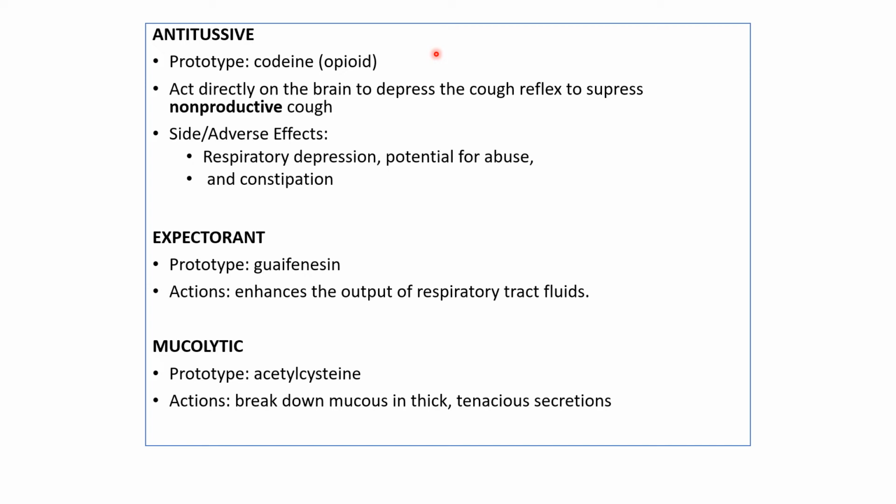The one that doesn't belong to the opioids, and is not controlled, is dextromethorphan, or DM, that can be found frequently when you buy a cough syrup over the counter in any pharmacy. It's important to understand that being an opioid, codeine can produce in excessive dose respiratory depression, has the potential of abuse, and that all the opioids produce a lot of constipation, an important detail.